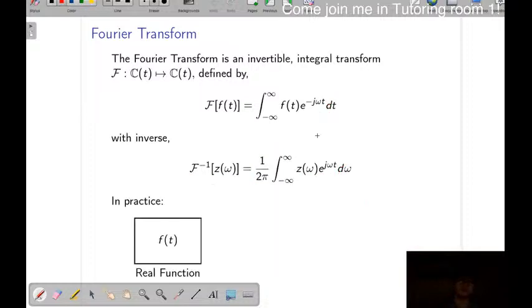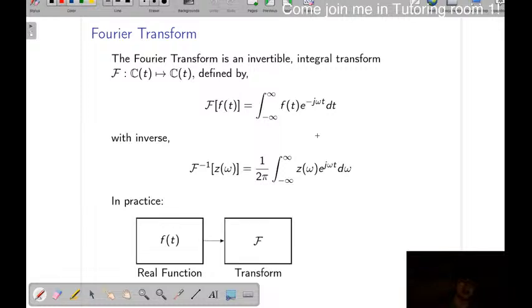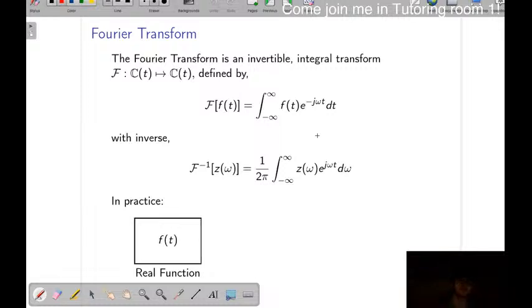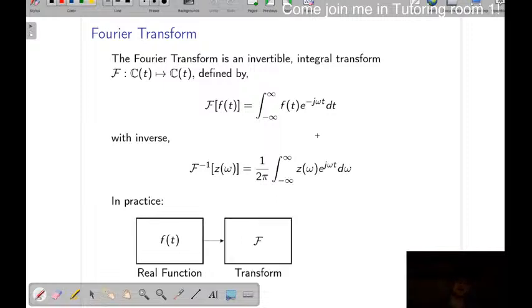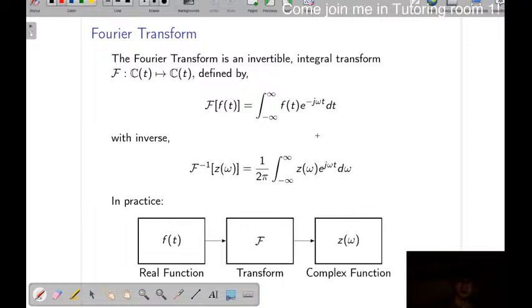Typically you won't be implementing these two integrals yourself. Usually we just have some set of data in MATLAB or something, and then we pass it to some function that will perform this transform for us. And then we can take the output. That's going to be a complex function. So we get the complex-valued Fourier transform, the spectrum.